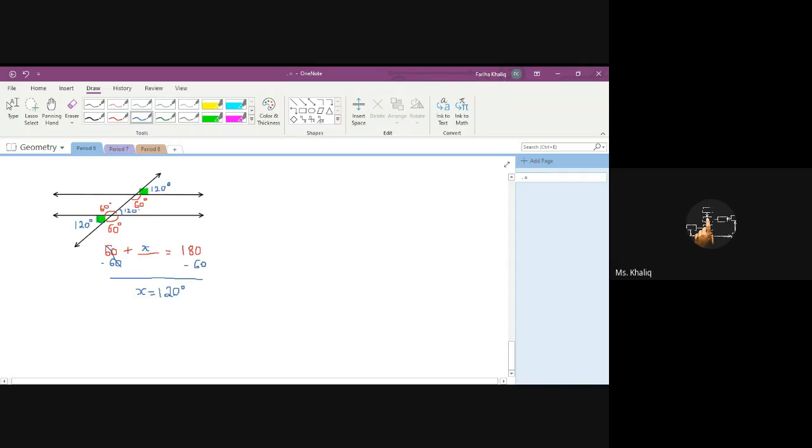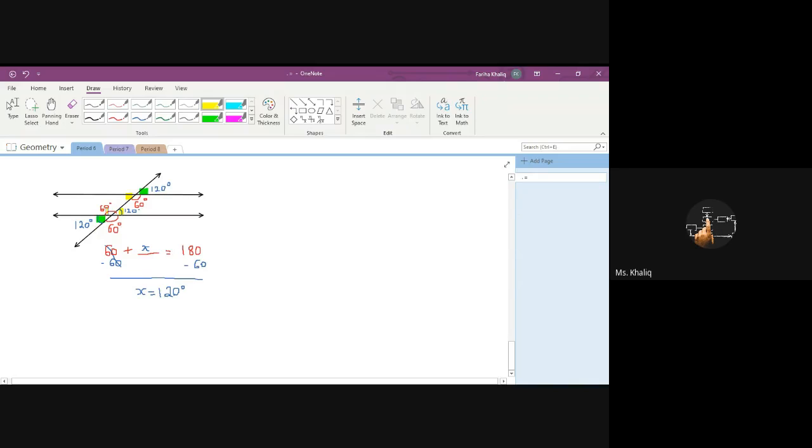You can find the other missing angles using other angle relationships. If you want to do vertical angles and it comes quickly, do that. But we also did alternate interior angles. So if my alternate interior angle is this one here, this is an interior angle, it means this piece would be 120 as well.